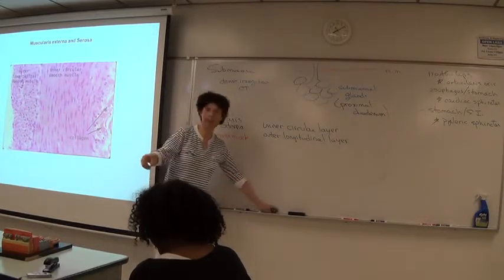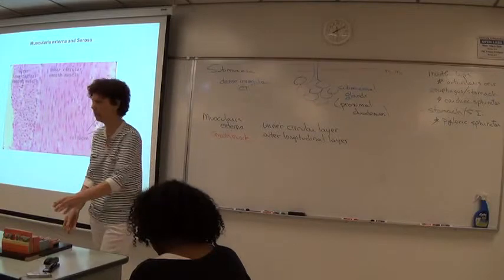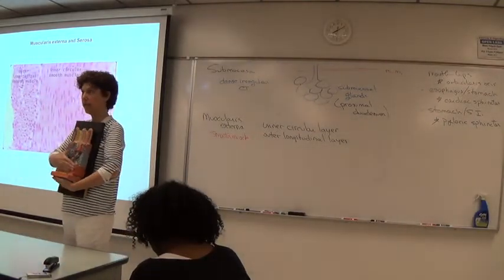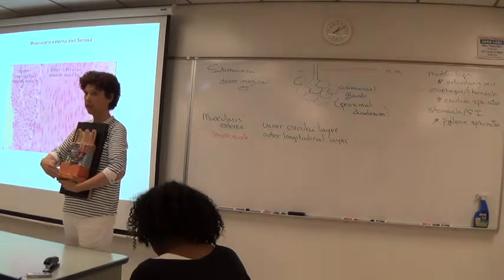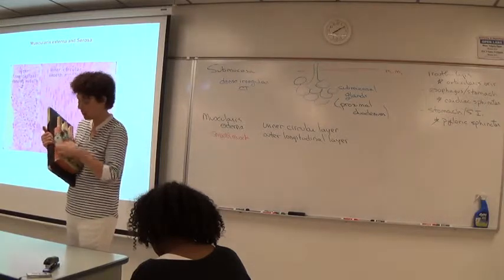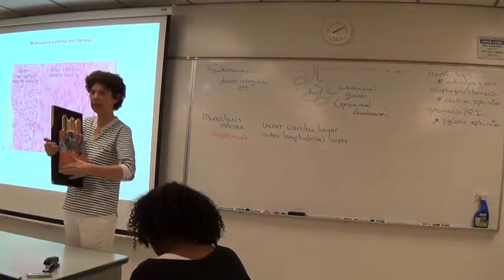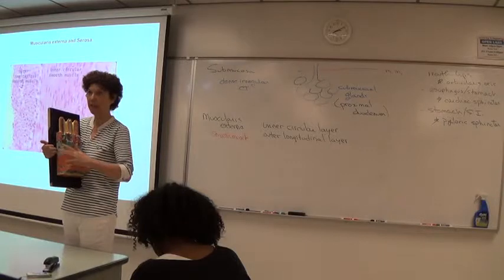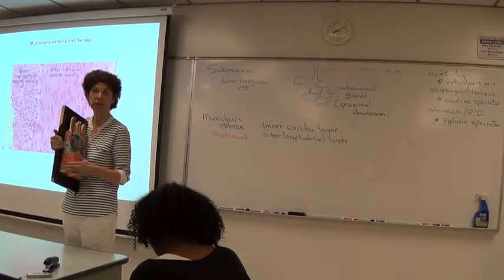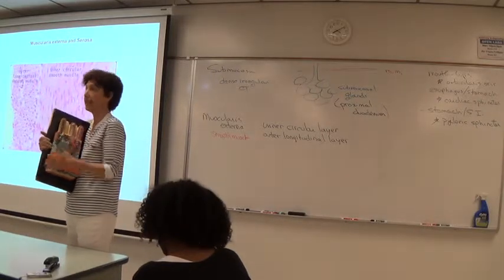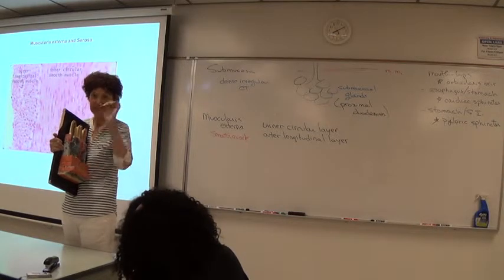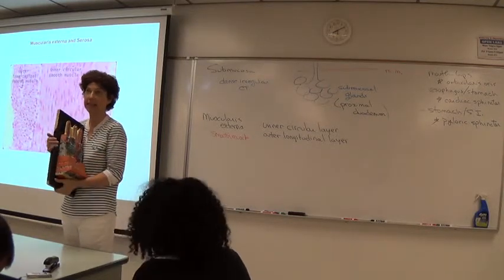On this model, because it's cut at right angles, it's showing the sections at right angles. So here we're seeing smooth muscle cut in cross section and smooth muscle cut the length of the muscle cell. That's the reverse here. Here the smooth muscle is cut the length of the muscle and cut in cross section here. So you should be able to figure out whether this view is a longitudinal section or a cross section of the small intestine by looking at the orientation of the muscle cells, how they've been cut.